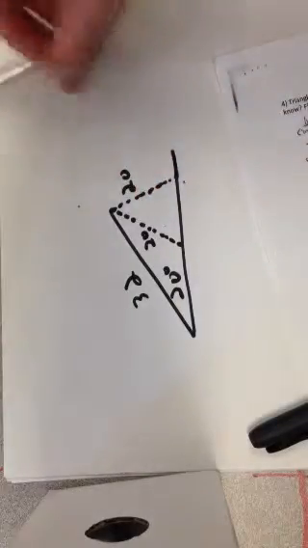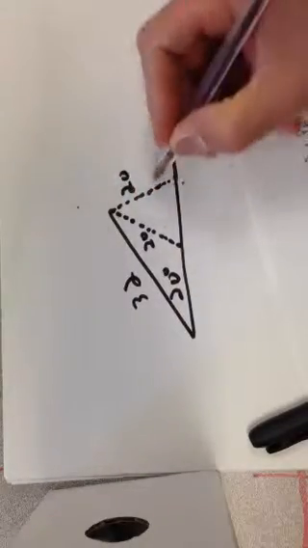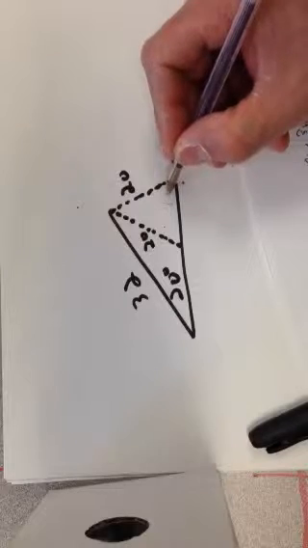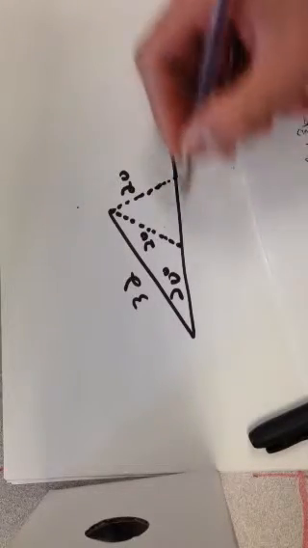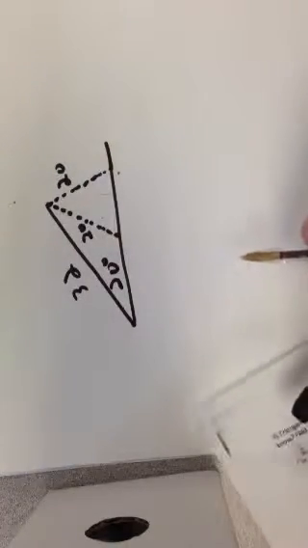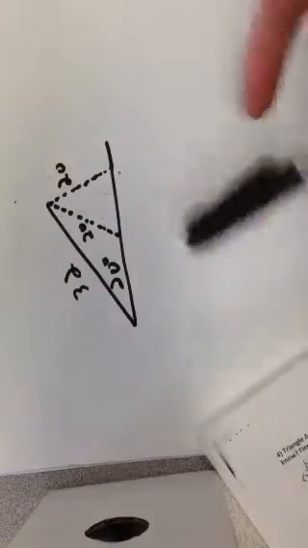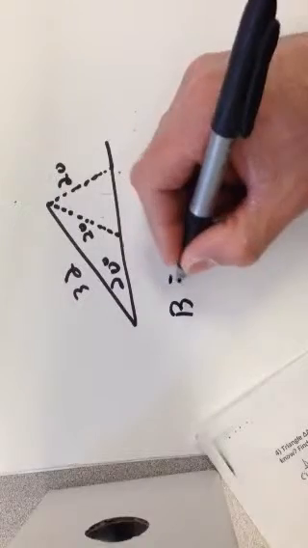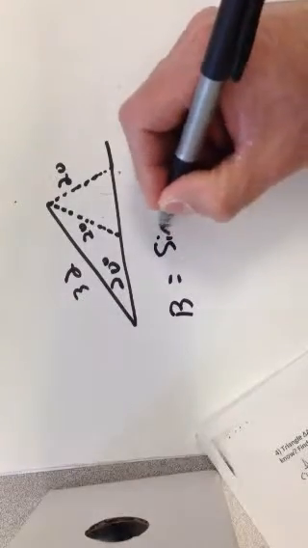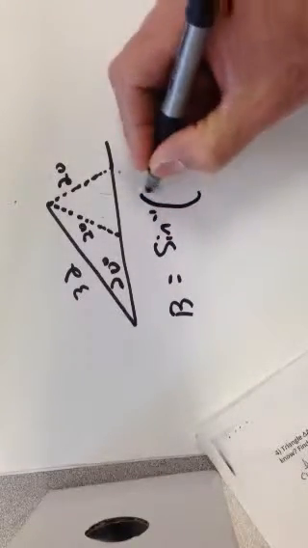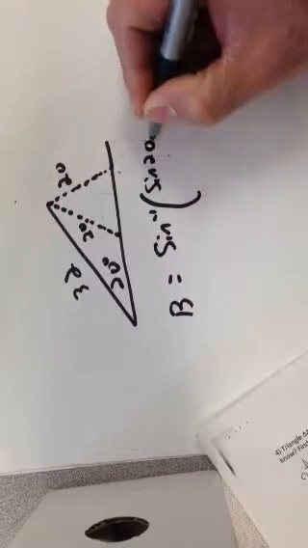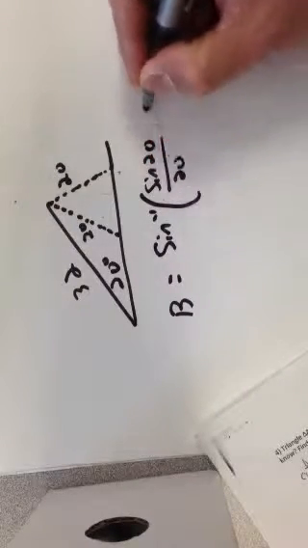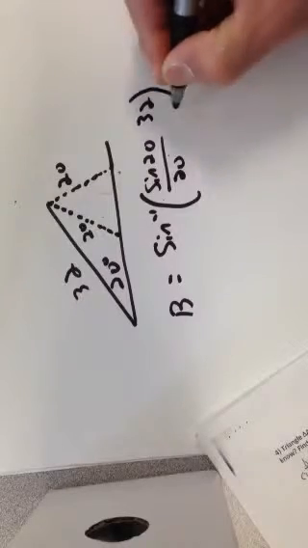When you use your calculator and the sine law, it's going to give you the acute angle here, and then we're going to use the coordinate axis to find the obtuse angle that would go there. So when you use the sine law, you end up with, and I'll let you run through it yourself, I'm just going straight to the answer here, the inverse sine of the sine of 20 over 20 times 32.